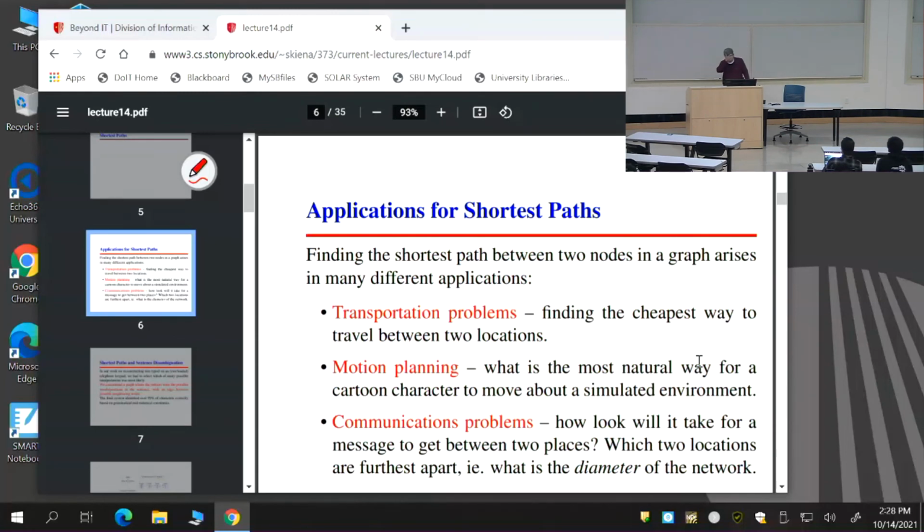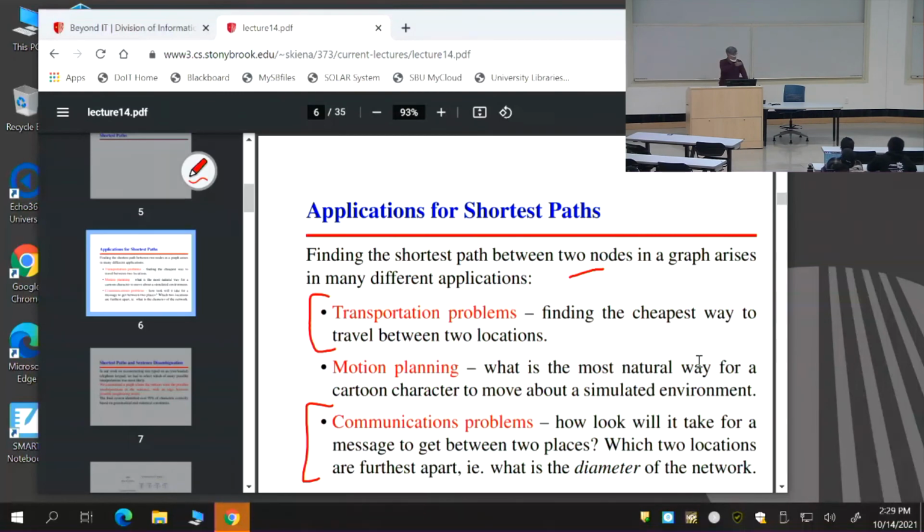And there are a lot of different problems. Finding the shortest path between two nodes in a graph clearly comes up in transportation problems. It clearly comes up in communications problems. In a network, you want to get the message from point A to point B. How do you route it?